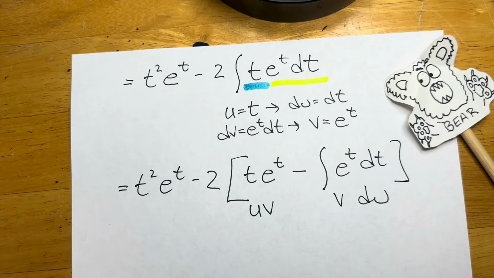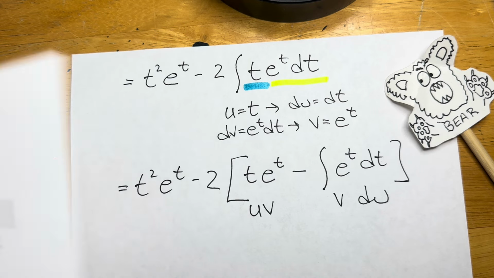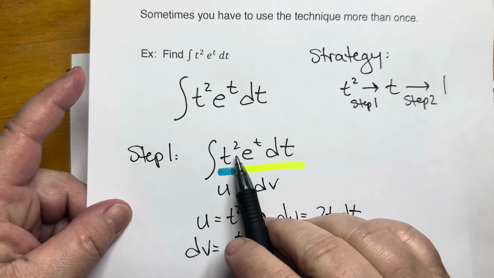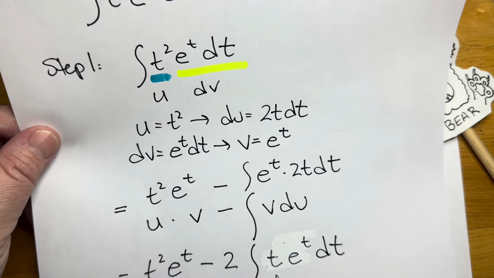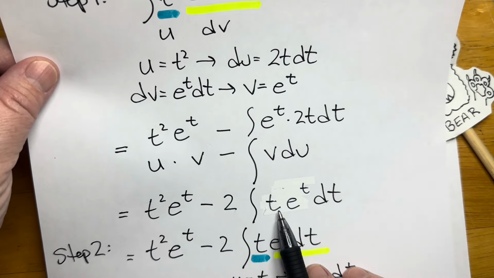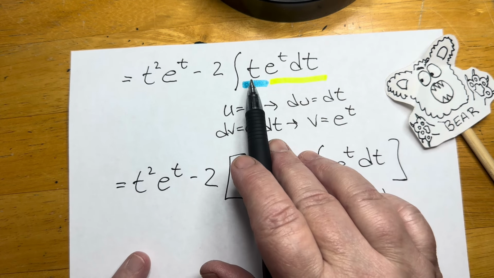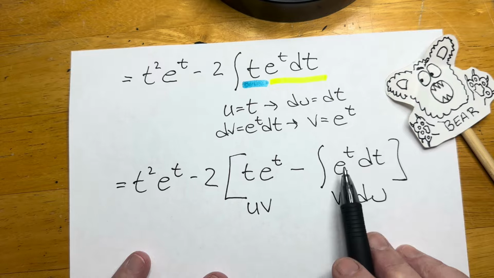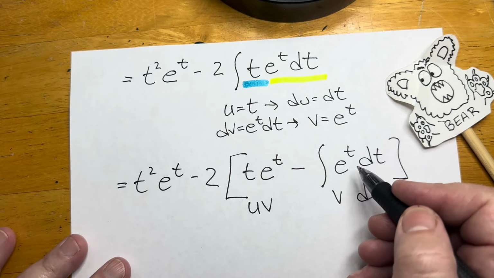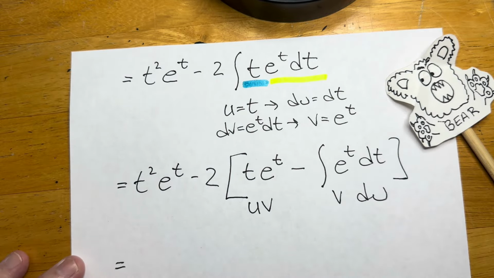And now, what have I done? Well, in the first step, I got us down from t squared down to just a t, right? And then in this step, I got us from a t down to just e to the t. And I know that integral. The problem is that I've got a bunch of minuses I've got to deal with.